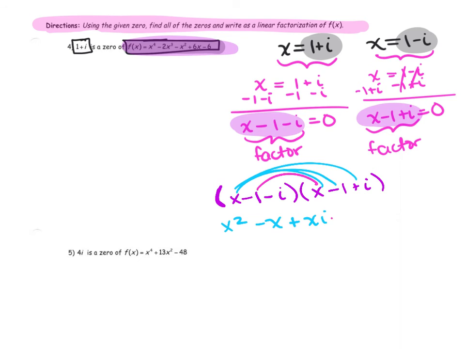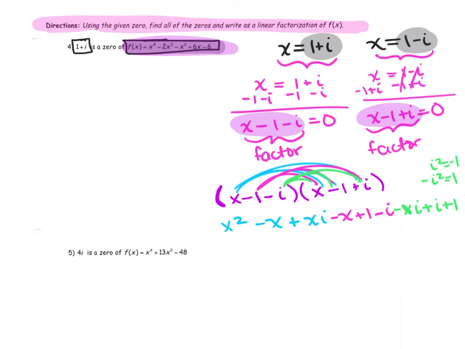All right, I have negative x plus 1 minus i, and I have negative xi plus i minus i squared. Remembering, i squared is negative 1. So if I have negative i squared, that's positive 1. So this here is really just going to be plus 1.